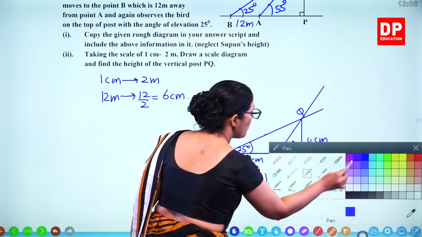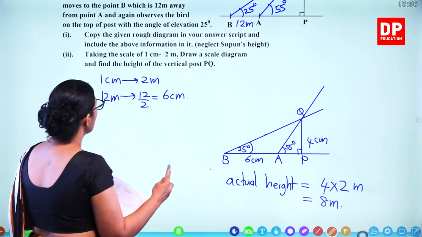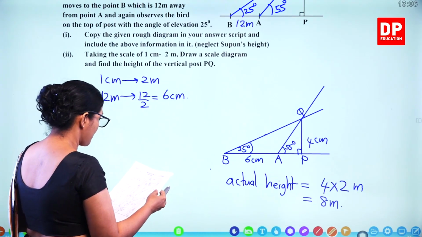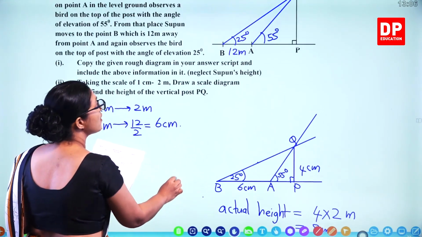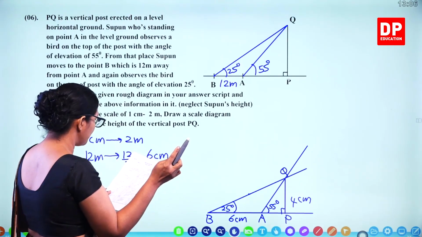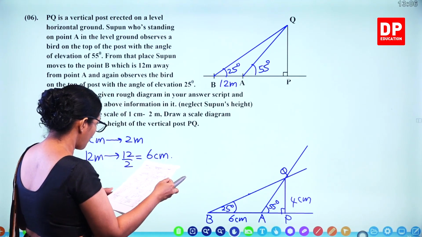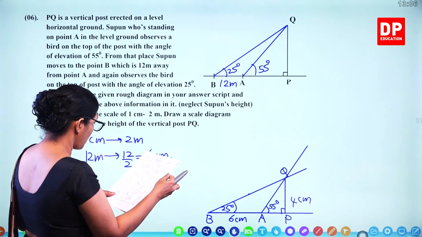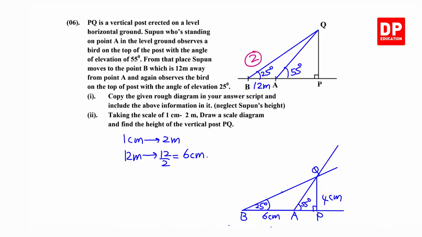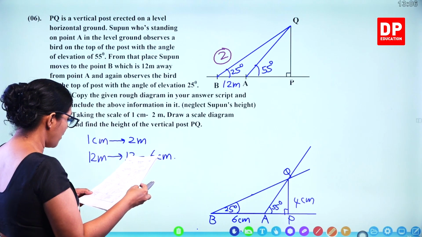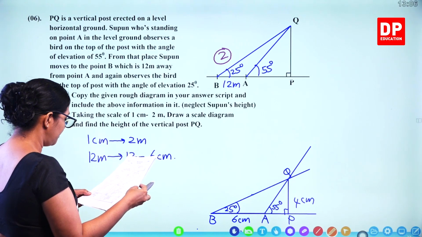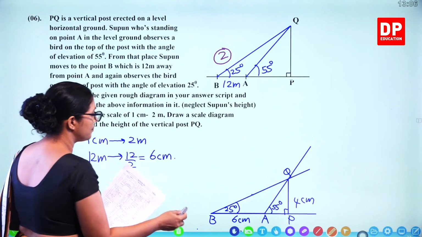So let's see how many marks. So you are getting marks to mark on this diagram as well. 2 marks for showing all this information. And for the scale diagram, 3 marks.